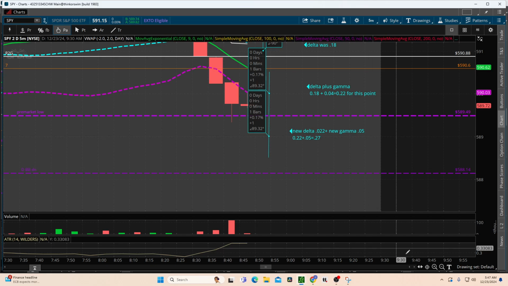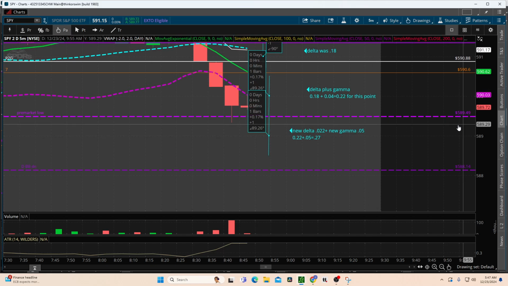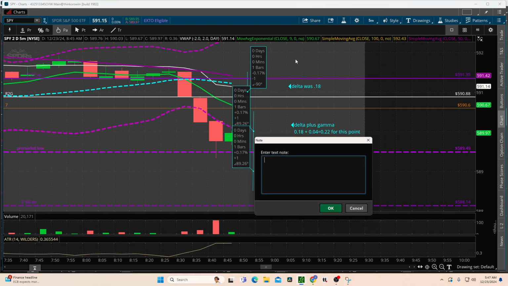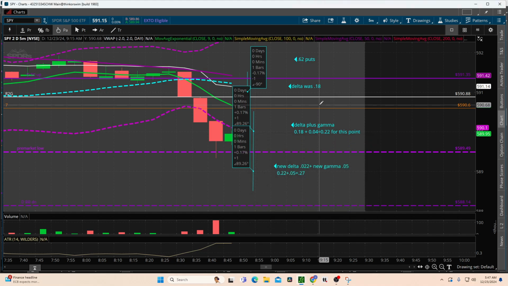So that's one of the reasons why it's good to trade options, because if you can see this, the first point it moves, you made $18 per contract. The second point you moved down, you made 22 cents per contract. The third point it moved down, you made 27 cents per contract. You know, when you bought the 0.62 puts, or $62, okay.